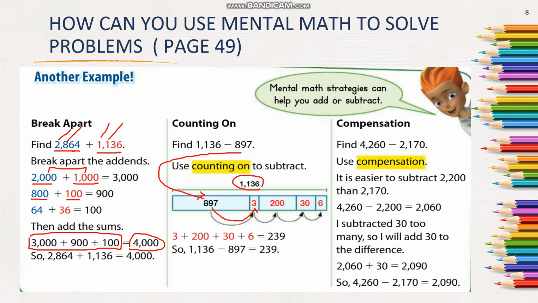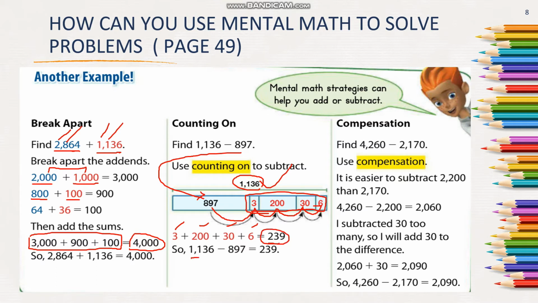Then I will add 200 to make it 1,100. Then I will add 30 to make it 1,130. Then I will add 6 to make it 1,136. After that, I will add all the numbers that I added to 897: 3 plus 200 plus 30 plus 6. That is equivalent to 239.